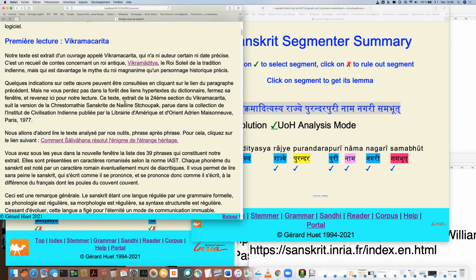So this Chandragupta II is a very powerful king who united most of North India, and is part of the legend. So there are all kinds of legends about him, and this text is part of the legend.